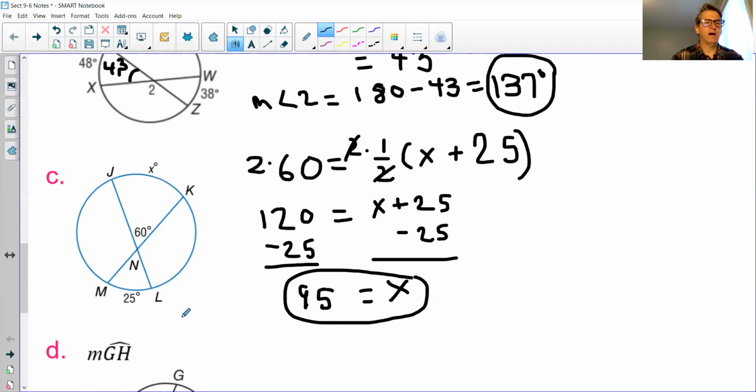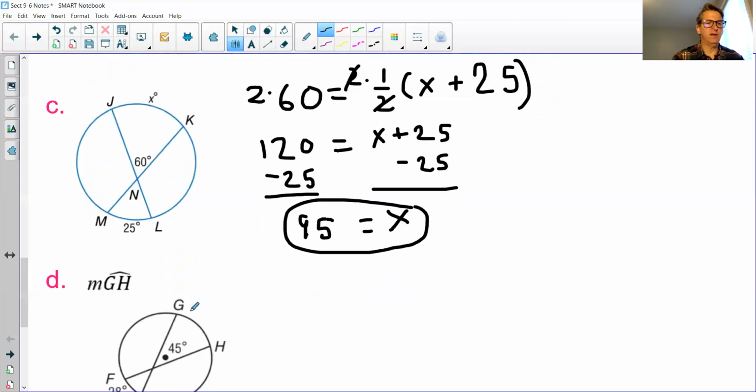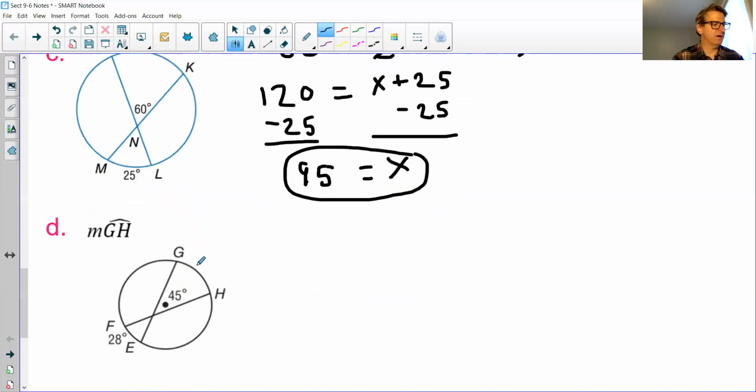Moving right along to letter D, the measure of arc GH. Let's call that x. We have this to be 28 and this to be 45. So in this case, we have 45 is equal to 1/2 times the sum of x plus 28.